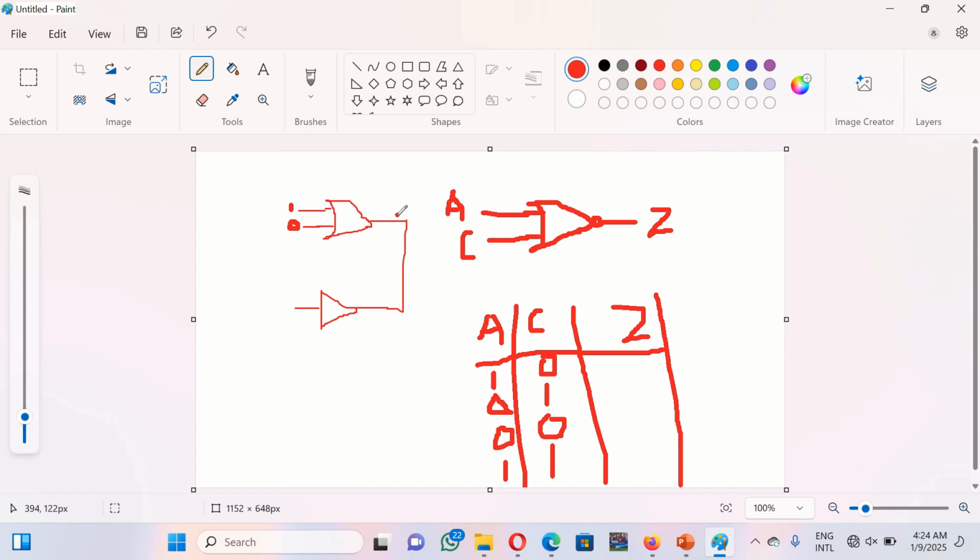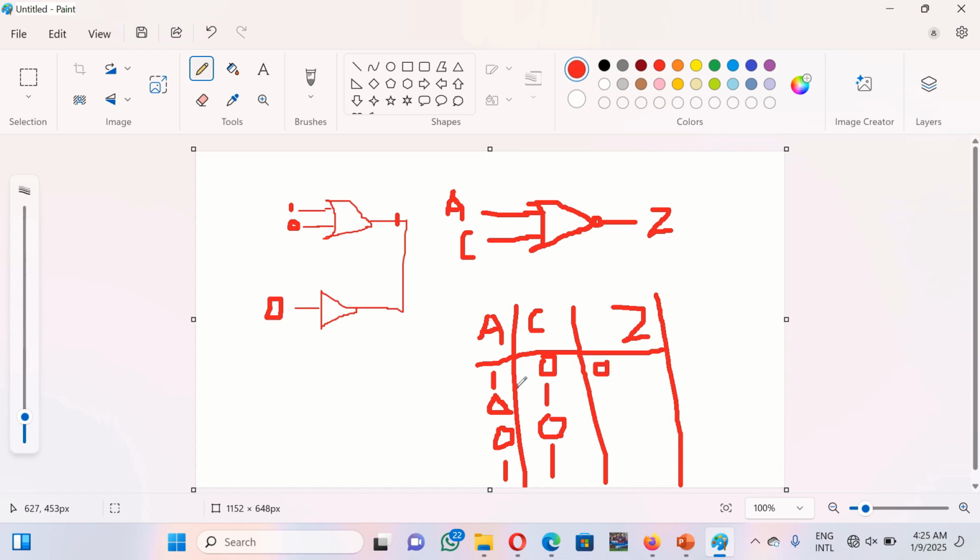But this one produced here will serve as the input to this NOT gate, and it will bring the output here. And we know for every NOT gate, it gives the opposite. So if 1 is produced here, then definitely we have 0 being produced here at the output. So 1 and 0 will give us 0.